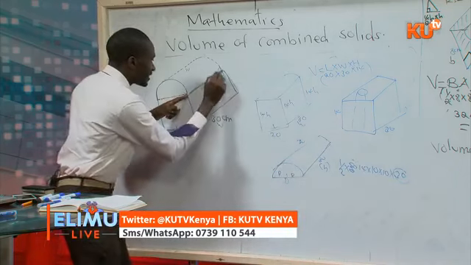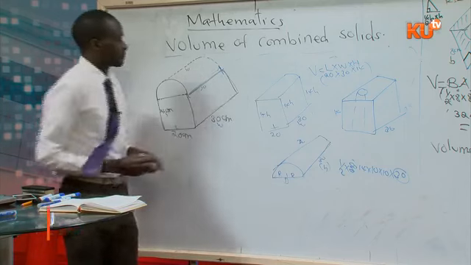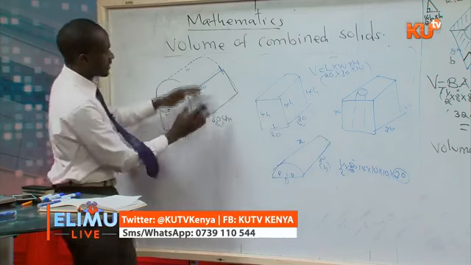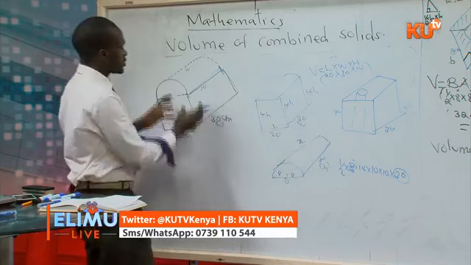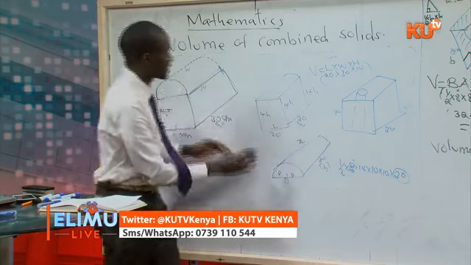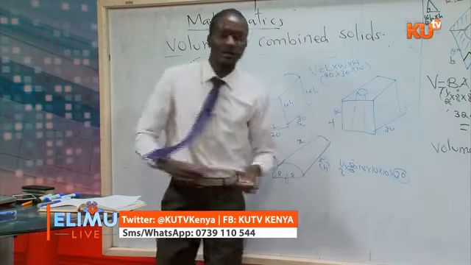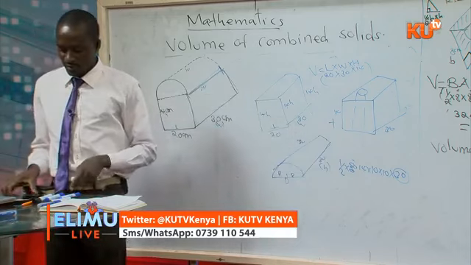The height of that half a cylinder is this one. Remember, for the cuboid, it is width. So you break them one by one. You solve the lower one, you get your answer. You solve the upper one, you get your answer. Because this was added, you add the two.